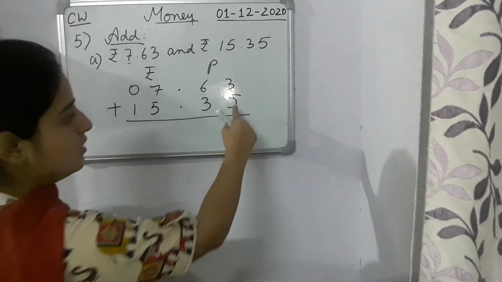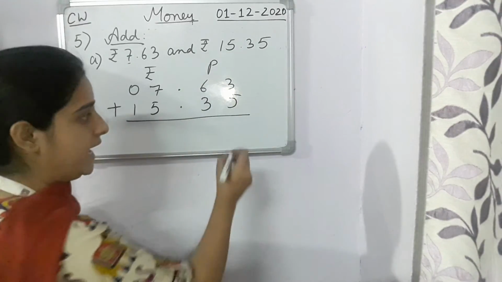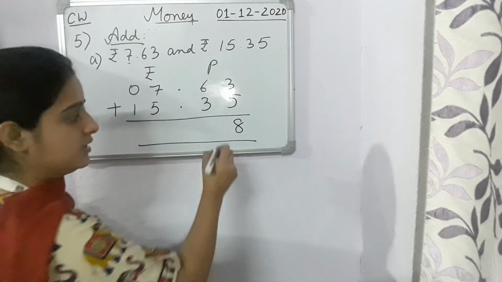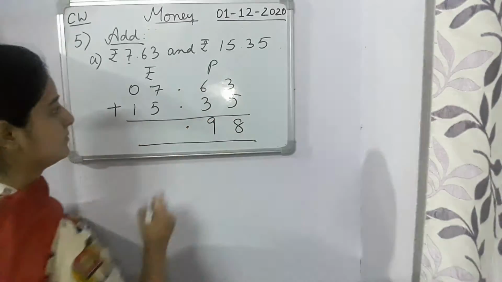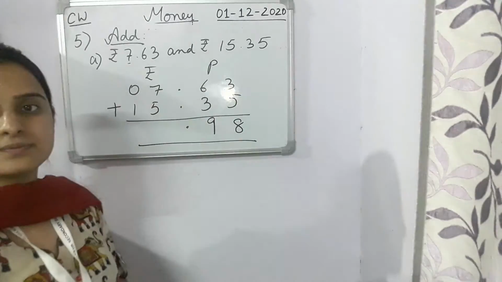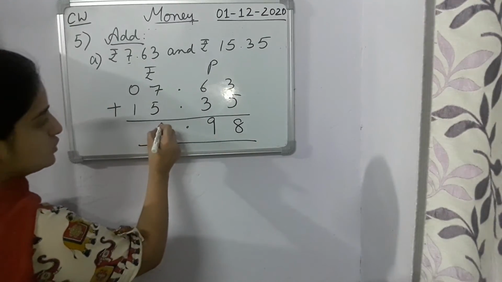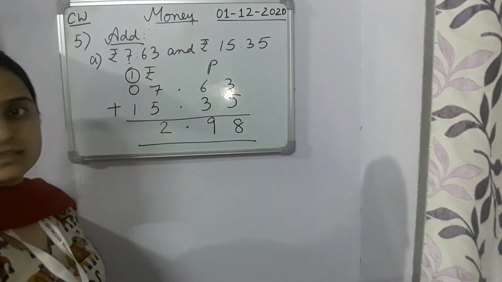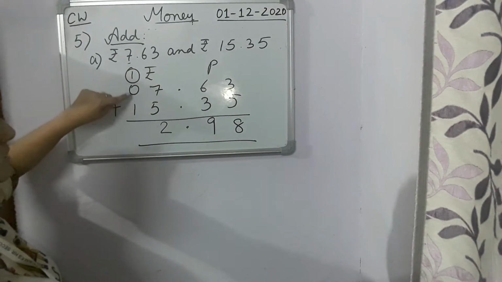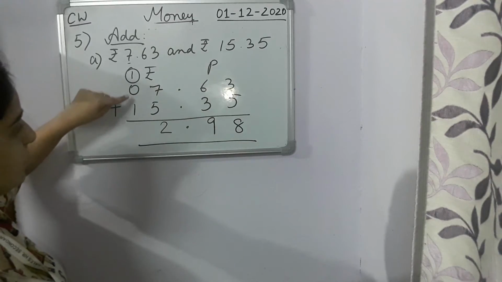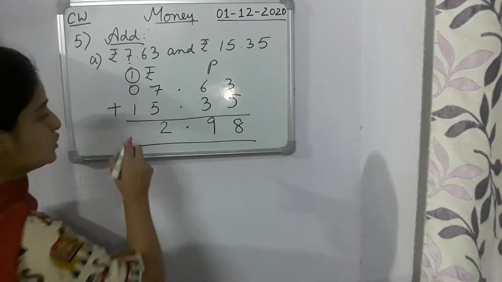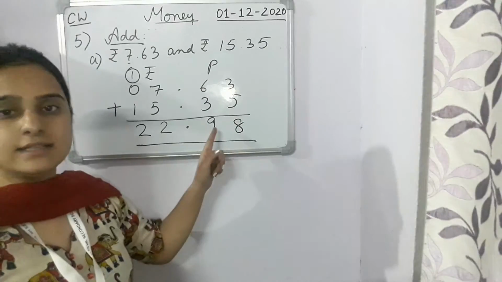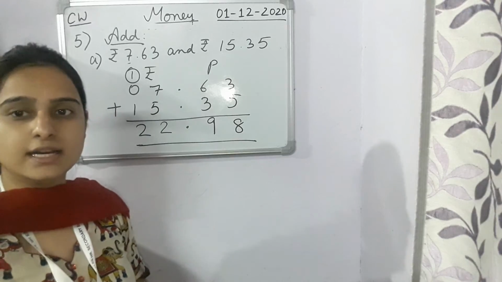Addition. 5 plus 3, 8. 6 plus 3, 9. 7 plus 5, 12. So 2 comes here and 1 will be carried over to the other place, right? Now 1 plus 0 is 1. Then 1 plus 1 is 2. So here we get rupees 22 and 98 paisa. Clear?